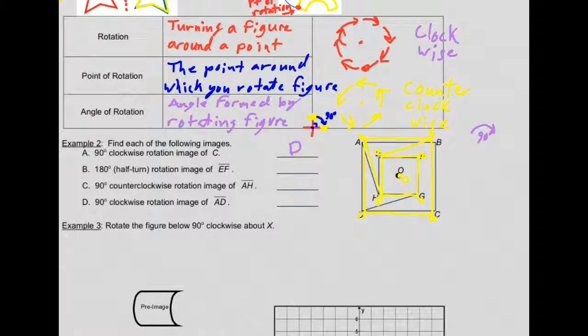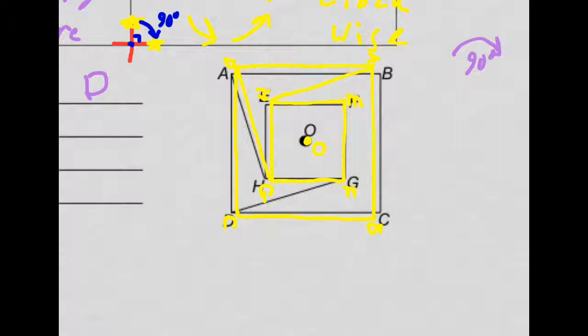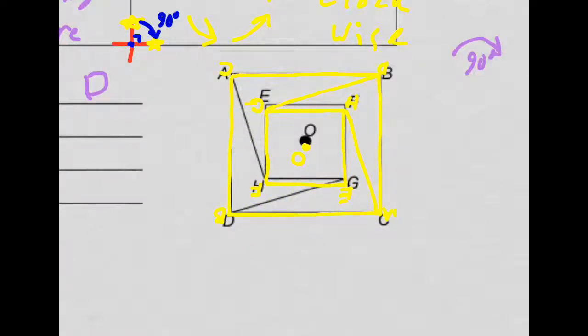If I do a 180 degree half turn rotation image of EF, well, I've got to come back here. Select this, go back to the original, and then 180 degree rotation is halfway around the circle. And now my EF is GH. And notice how my E and my G are in the same place and my F and my H are in the same place.